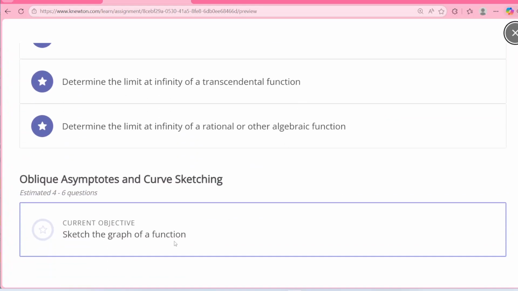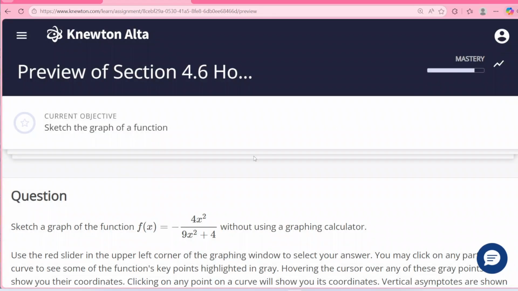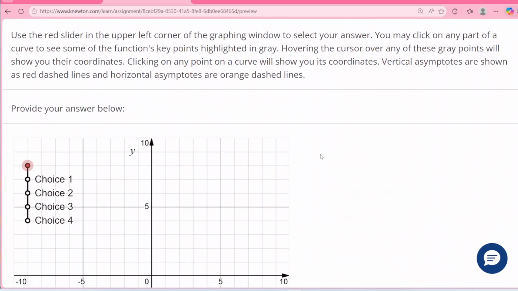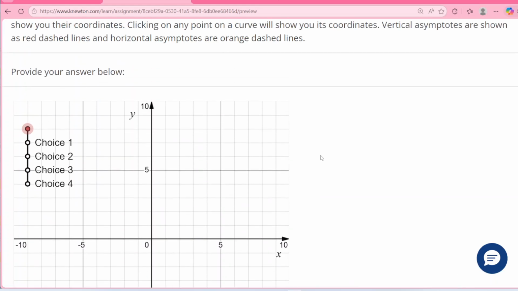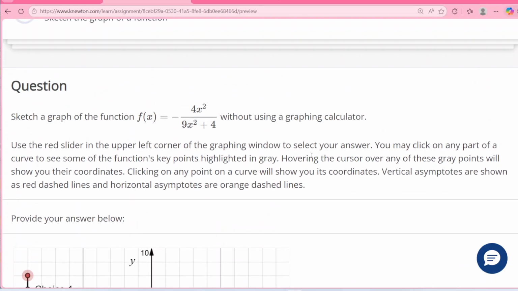So now comes sketching the graph of a function. It says without using a graphing calculator. So I'll go through what you would normally do to try to sketch these things without a graphing calculator. I'll go through this one example and the steps I'd go through to determine how to graph this by hand relatively nicely.